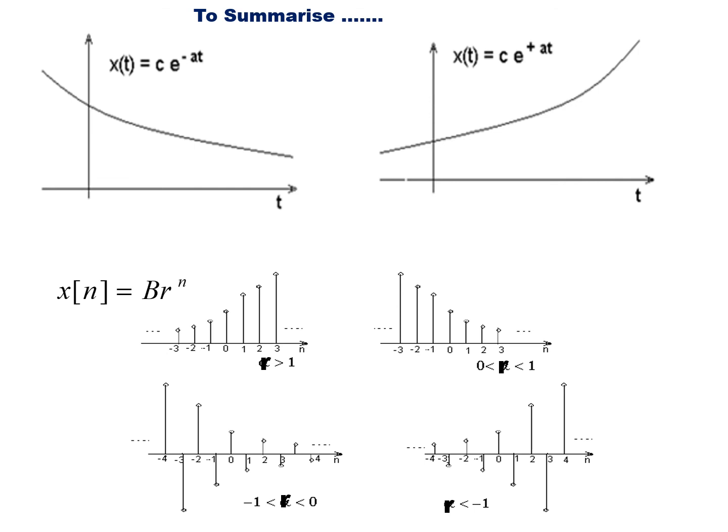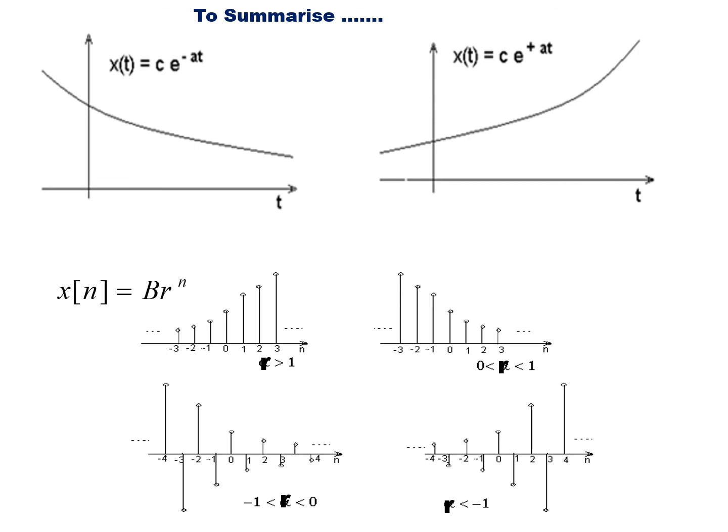Can you prove it by taking an example? Yes, this is what happens if you take r as a negative fraction with suitable values of b and n. B, for example, you take a positive number, n is an integer, all integers, both positive and negative. If you go on substituting the values of b and n, you will get an alternating and decreasing exponential. You can verify that by putting r as minus 0.5, b as 1 and different n.